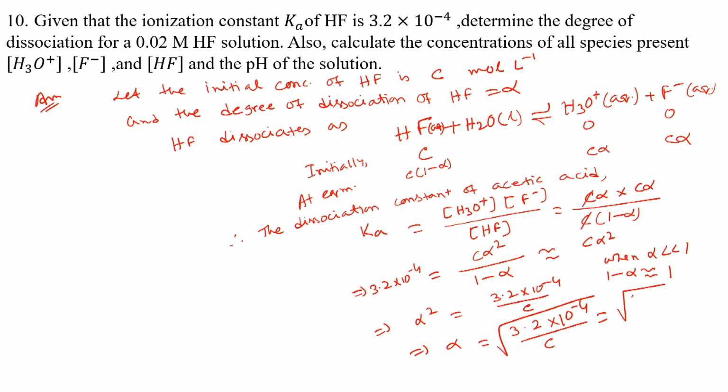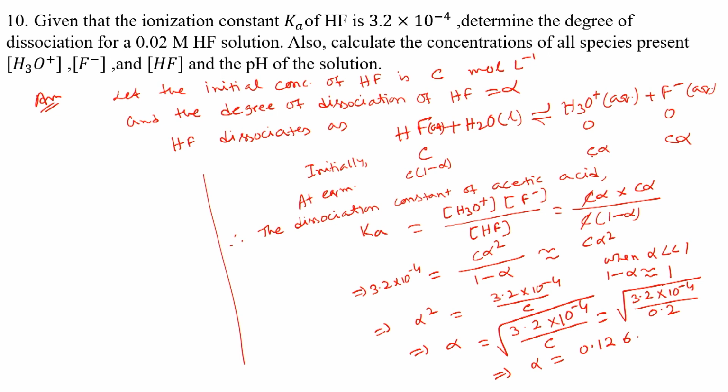So we write 3.2 times 10 to the minus 4 by 0.02. So if we carry this out, we get alpha. So alpha will be 0.126.